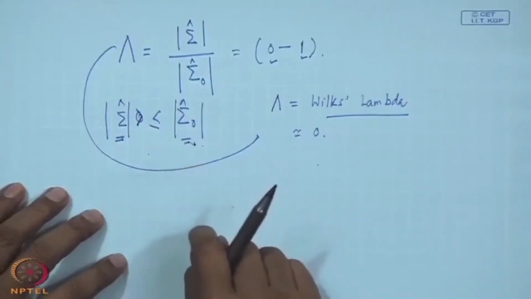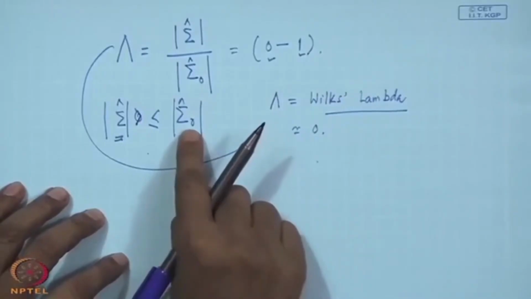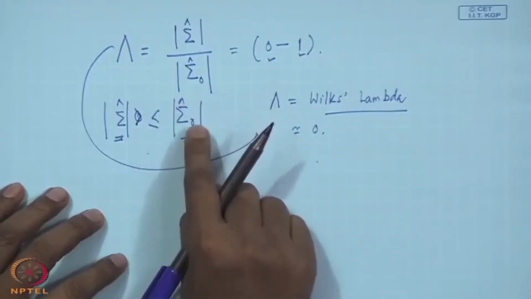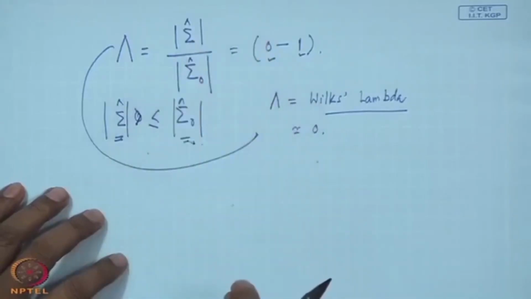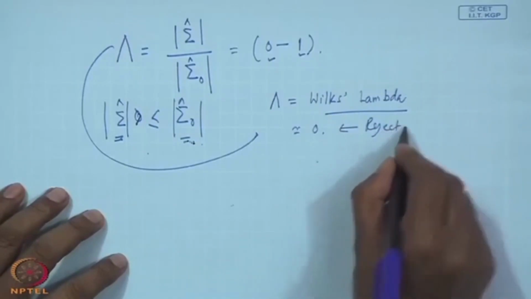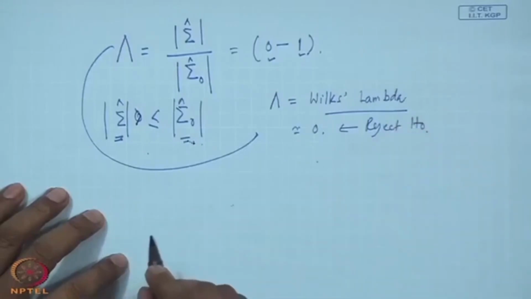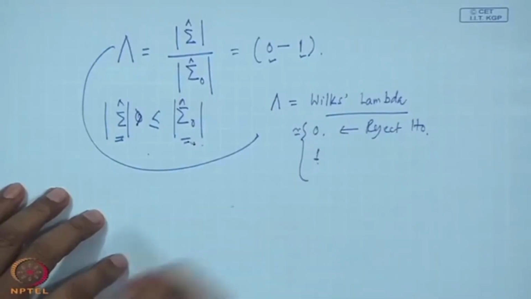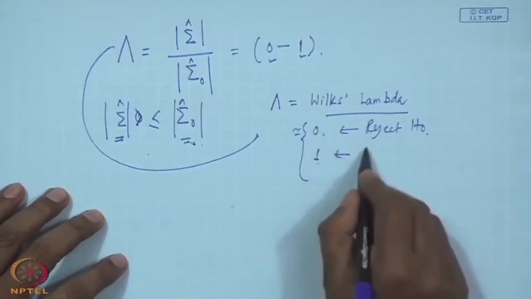It is indicating that capital sigma cap 0 is much more than the full model sigma cap. Getting me? So as a result you reject H0. But if it is close to 1, accept H0.